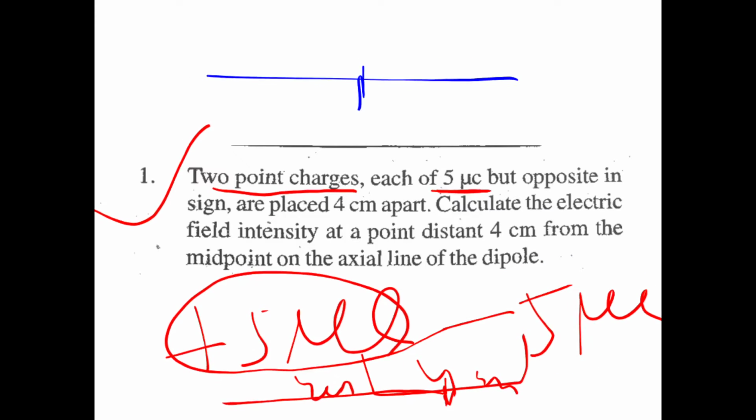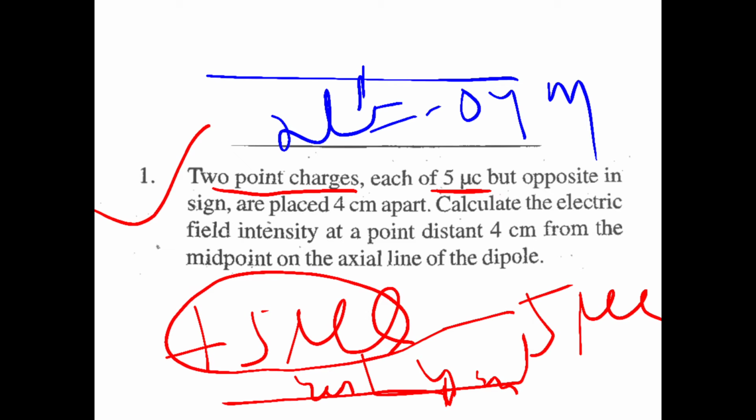That means here 2L, the dipole length, is 4 centimeter, that means 0.04 meter. We have to convert it into meter. And if 2L is equal to 0.04 meter, then L will be 0.02 meter. Okay, is that clear?